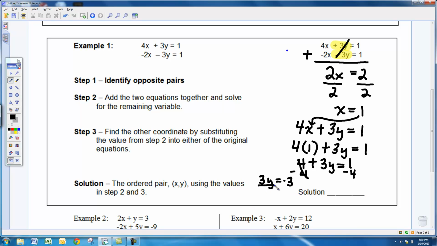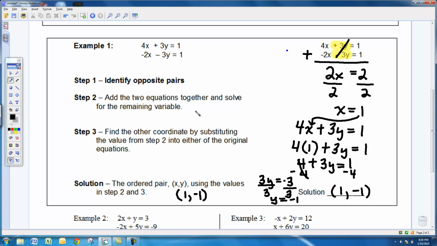Now we will divide both sides by 3, and we will find that y equals negative 1. Now we need to write our solution as an ordered pair. So our solution would be x is 1 and y is negative 1. And we can write that over here on our solution line.